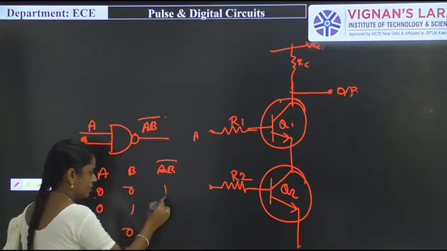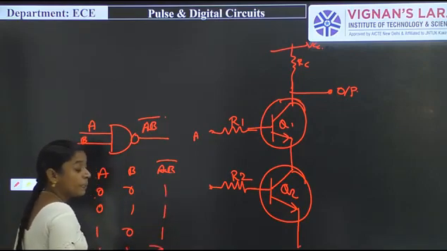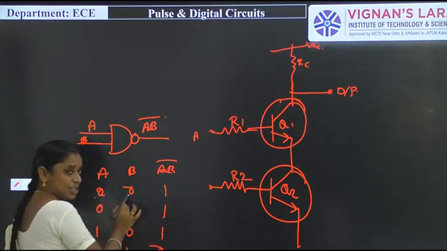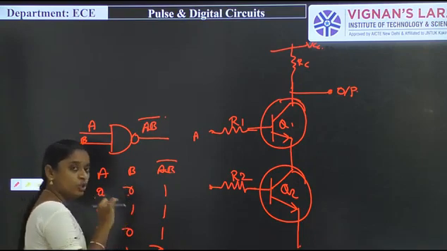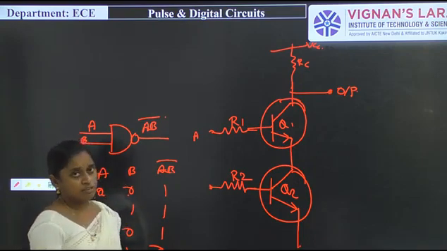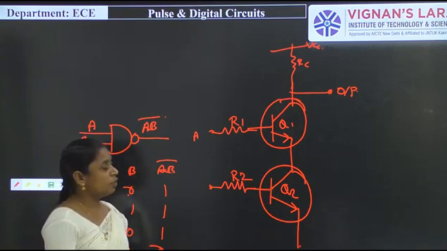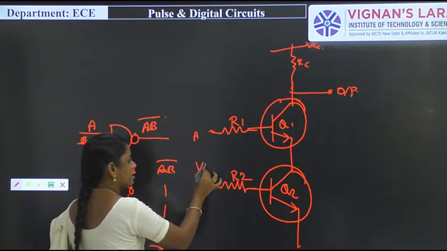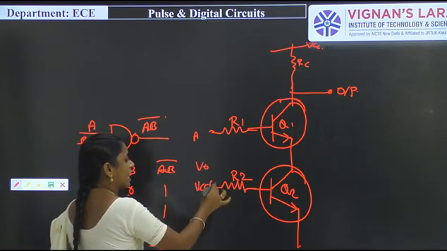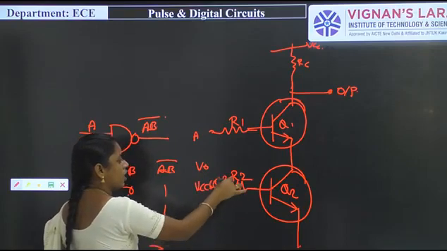So the function will be 1, 1, 1 and 0. So when both the inputs are 0, 0, in that particular condition Q1 and Q2 are in off condition, and the output V0 is equal to VCC. VCC is nothing but 5 volts, which is represented with the logic 1.